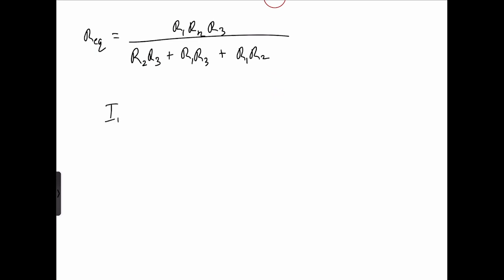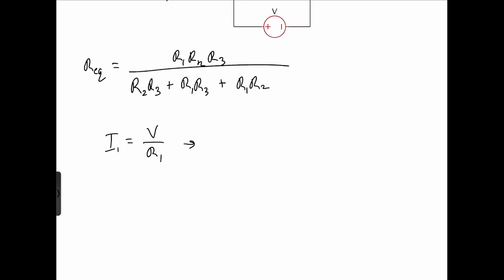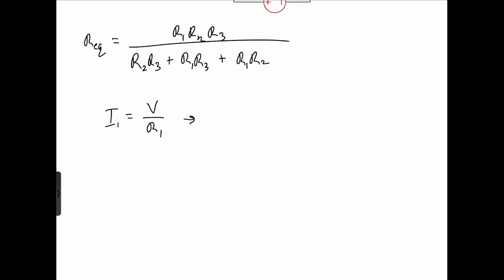The current I1 is equal to V over R1, and we know the expression for V is the input current times the total resistance seen by the voltage source. So that would be the input current times R equivalent divided by R1.